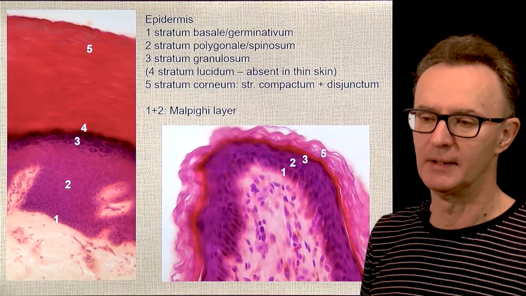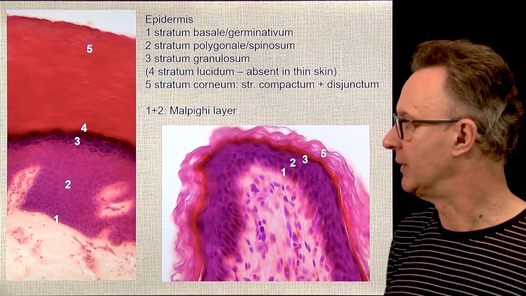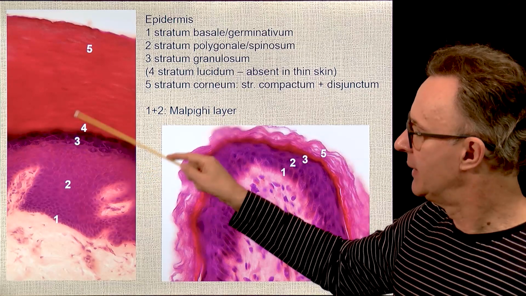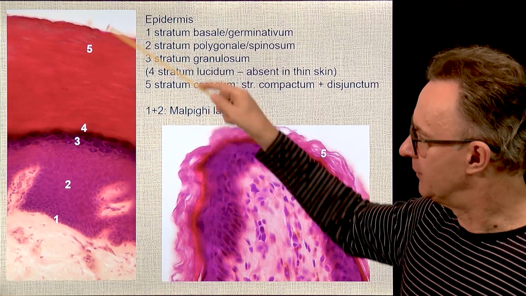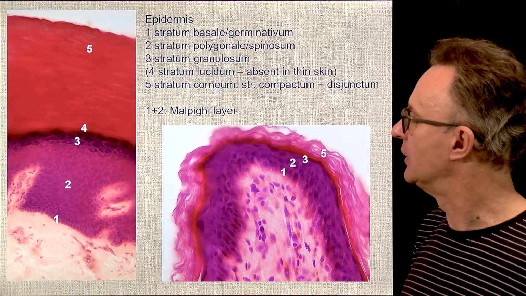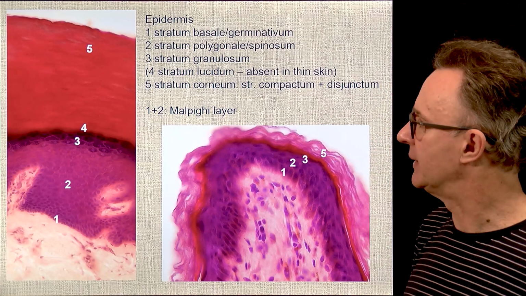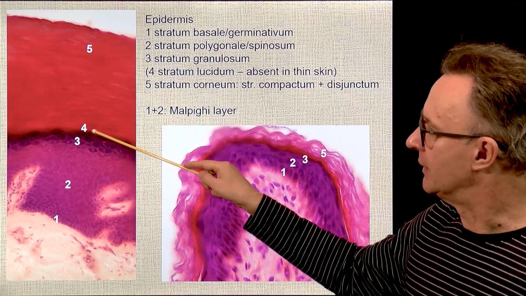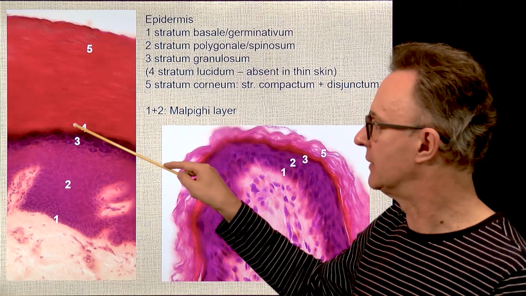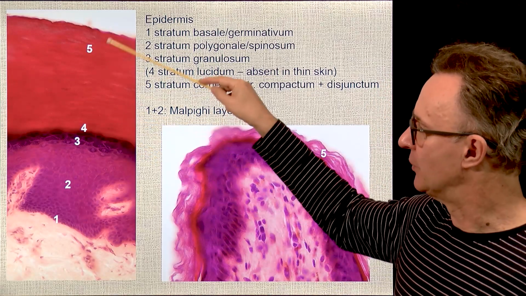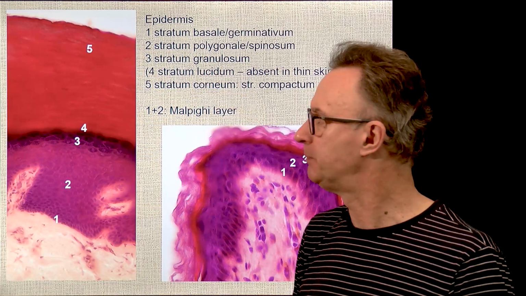This is the last cell layer which is still living with nuclei, but the other layers do not have any more nuclei. These are dead cells. In the thick skin, we are able to distinguish a little shiny layer, the stratum lucidum, and then the rest is the stratum corneum.